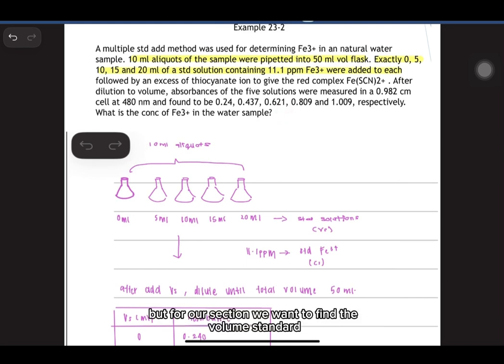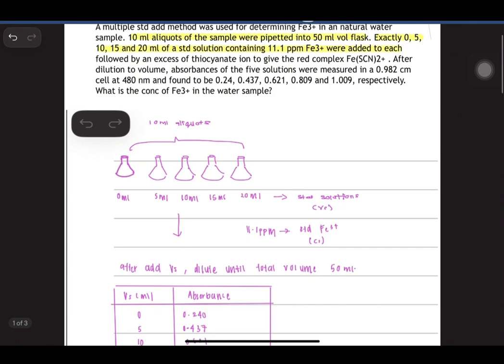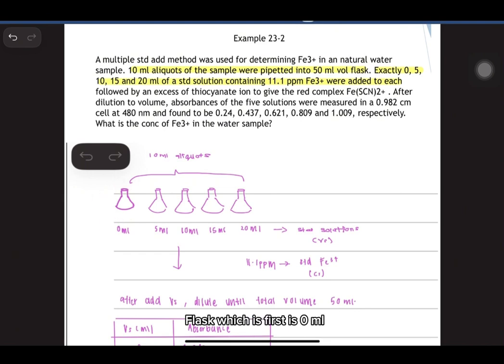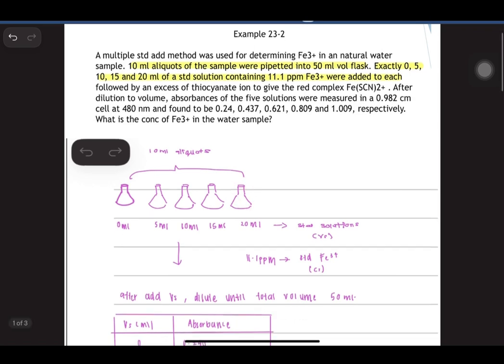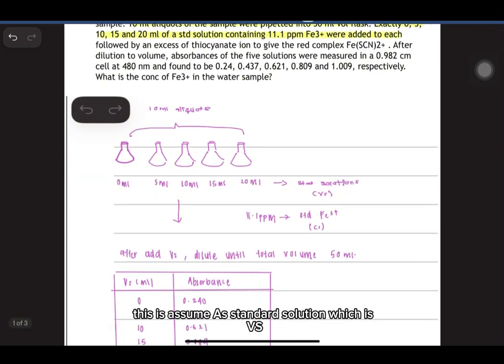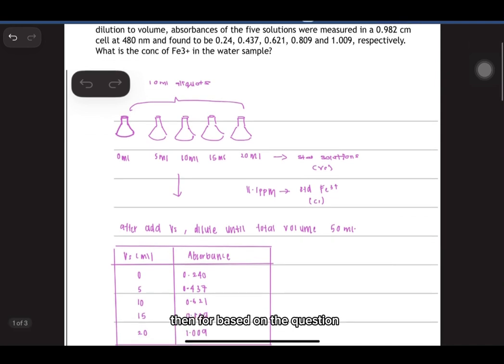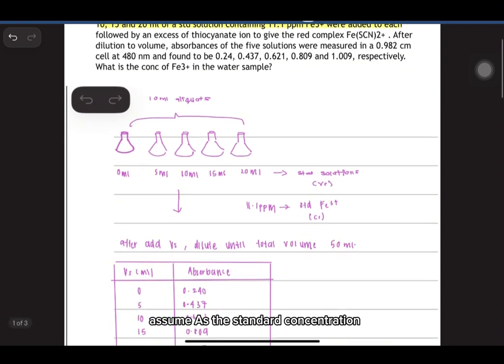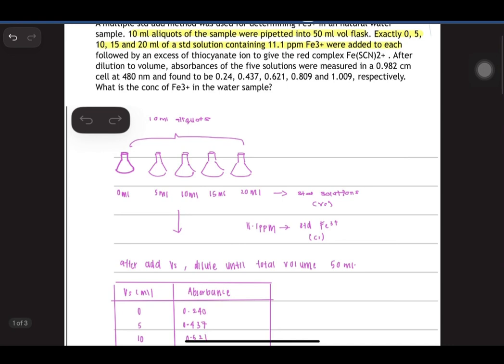But for our session, we want to find the standard volume. As stated in this experiment, 10 ml aliquots of the sample were pipetted into 50 ml volumetric flasks, exactly 5 flasks, which are 0 ml, 5 ml, 10 ml, 15 ml, and also 20 ml. This is assumed as standard solution, which is Vs. Then based on the equation, 11.1 ppm Fe3+ is assumed as the standard concentration, which is Cs.